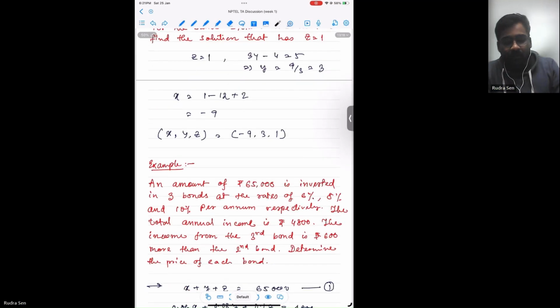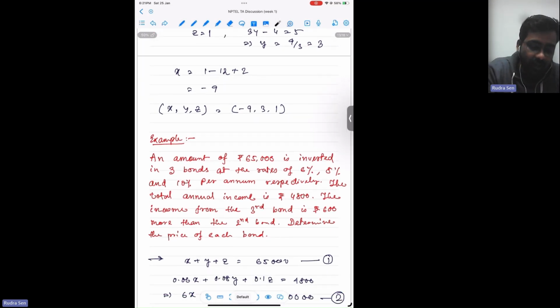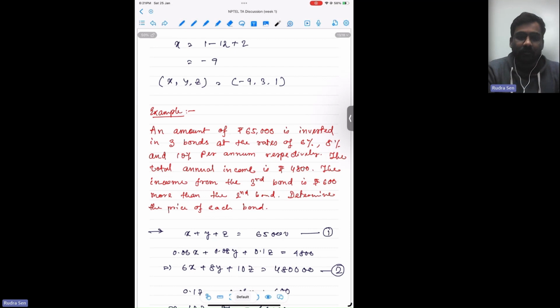Okay. So now, next, I have another question. Here we are doing a variety of questions so that we get to know how this Gauss elimination method, how this echelon form, echelon matrices help us to find the solution of the system of equations, or help us to find out whether the system has any solution, or has no solution, those things.